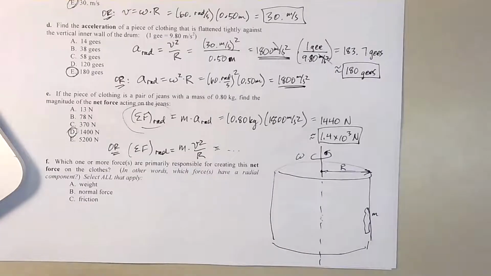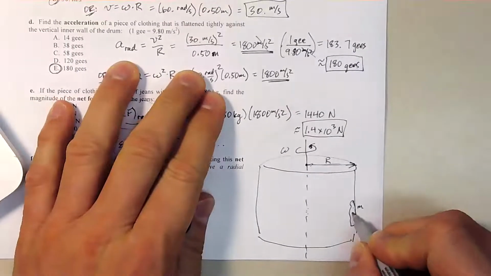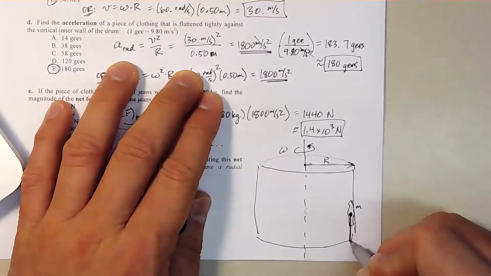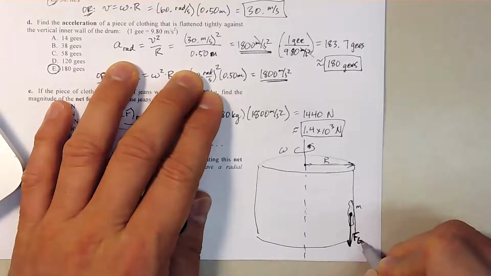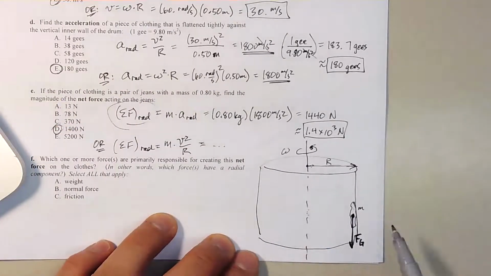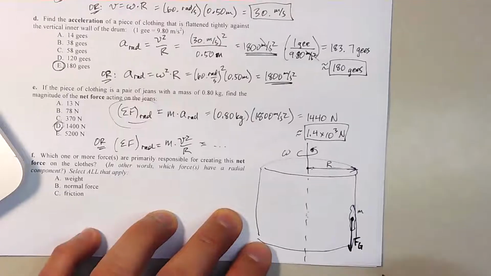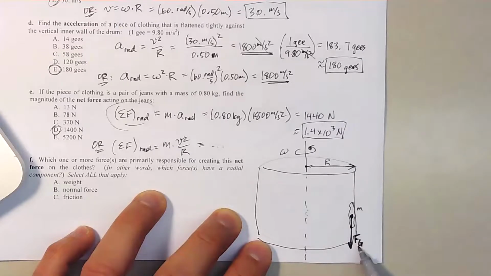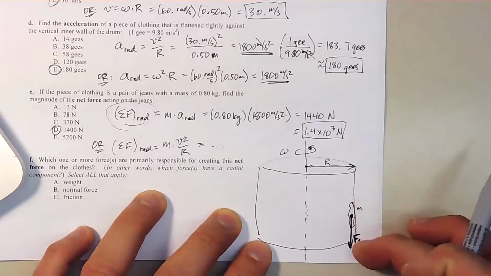So I can think about the different forces acting on this pair of jeans right here, this wet piece of clothing. There's weight, which in this case is not acting toward the center of rotation, right? It's acting perpendicular to that. There's probably friction then, static friction. If this were perfectly slick on the surface, then the jeans would just slide down.